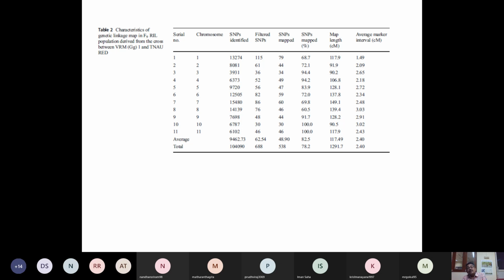These are all problems related to the number of SNPs distributed across the chromosomes and how they behave in the Mendelian way, how they segregate. These things decide the map length and also the number of SNPs mapped.